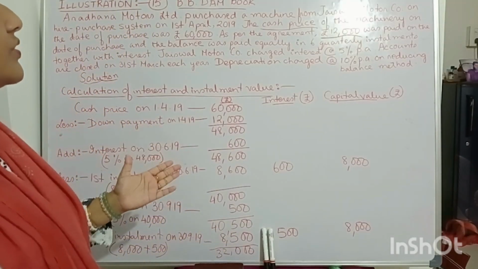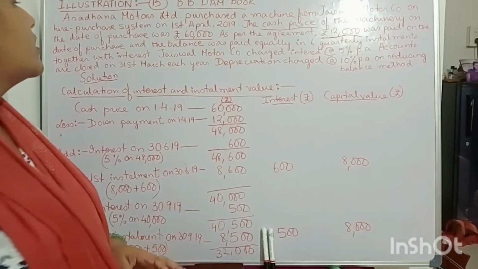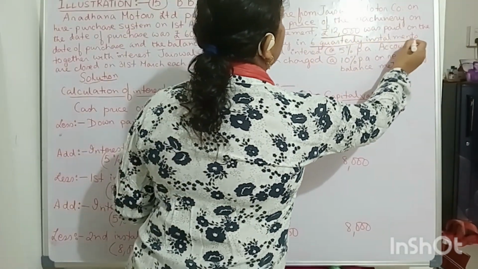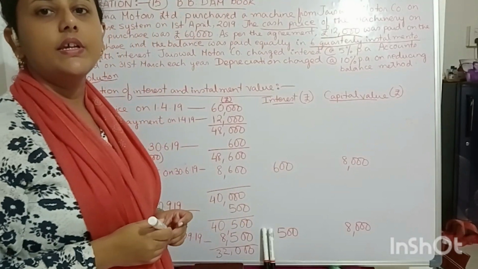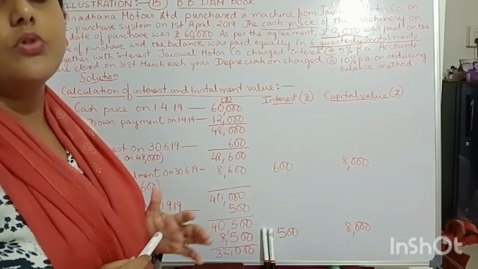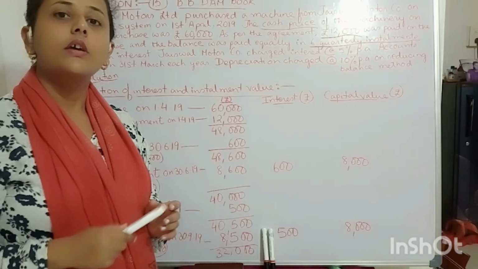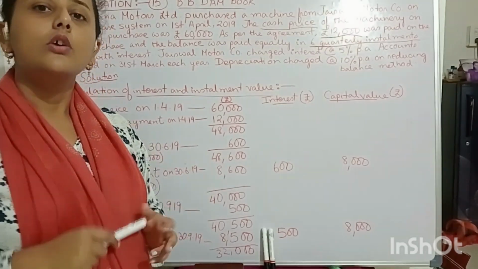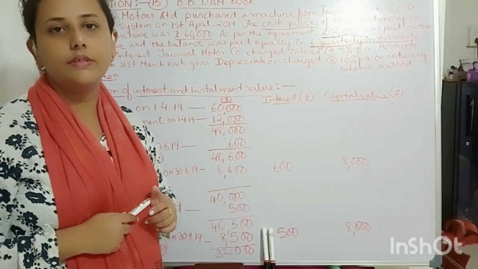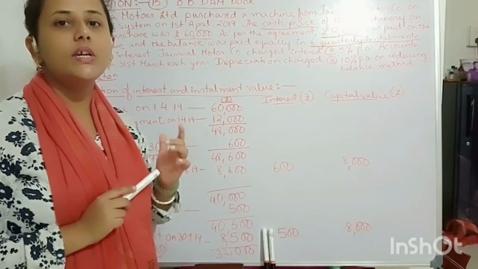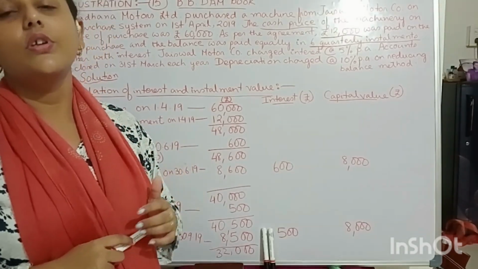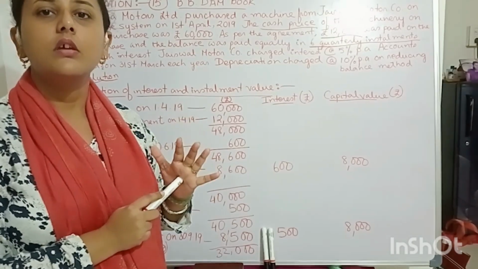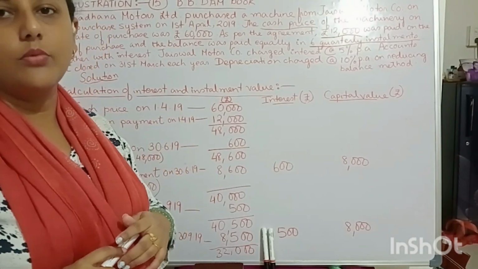And the balance was paid equally in 6 quarterly installments. So how many installments are there? 6 installments to be paid on quarterly basis. And we know in a year there can be 4 installments, within a gap of 3 months.